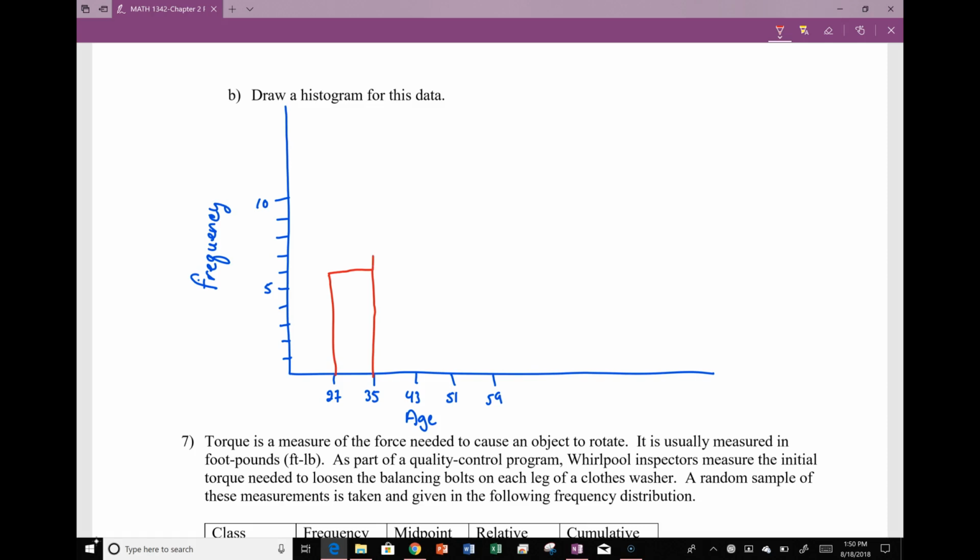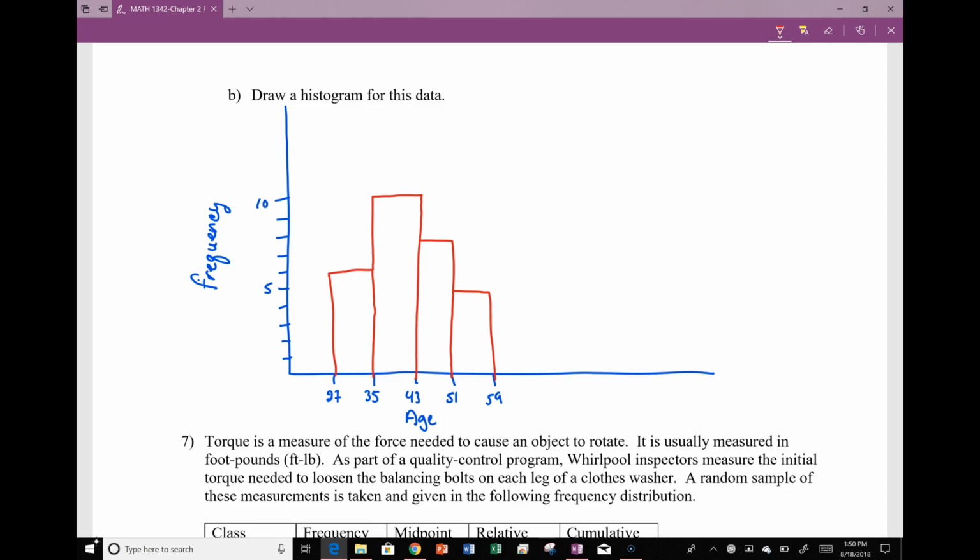Then there are 10 patients between the ages of 35 and 43. There are 8 patients between the ages of 43 and 51. There are 5 patients between the ages of 51 and 59.